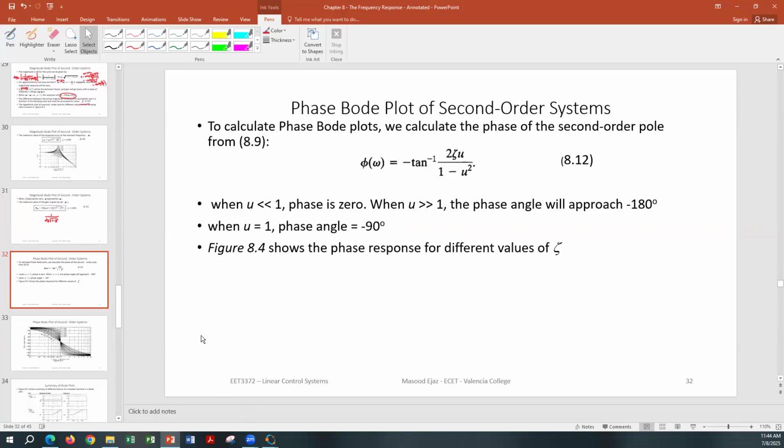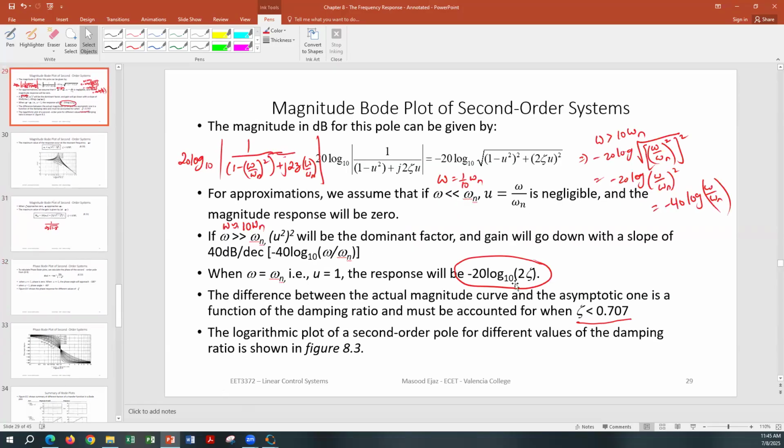All right, the phase Bode plot of the second order system. We calculate the phase of the second order system. Of course, let's go back to the equation.